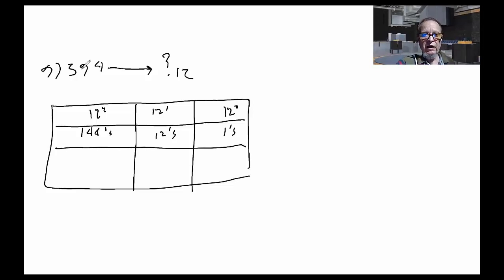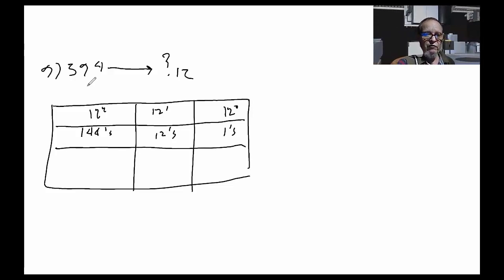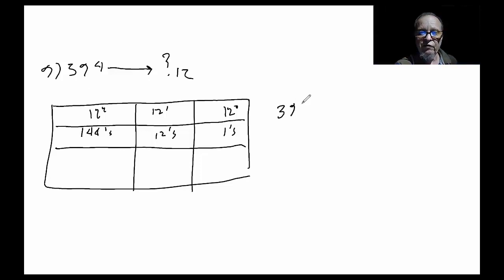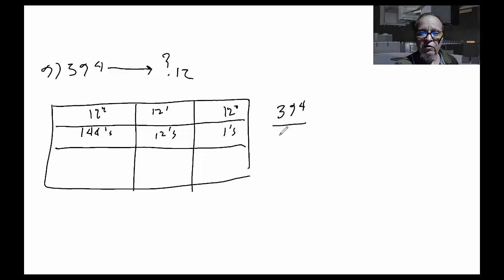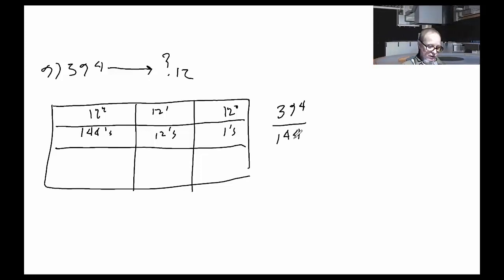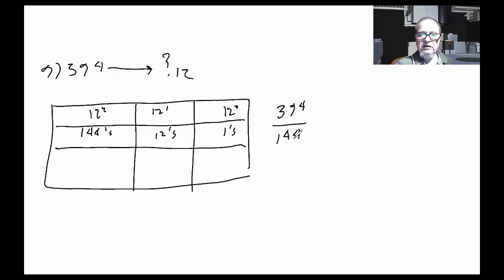Now, as we did with the other bases, when we're converting from our base system to another one, we're going to do division. So we're going to find how many whole 144s are in 394. And it turns out that there are 2.